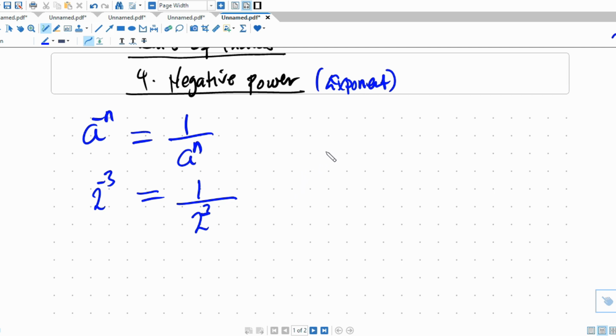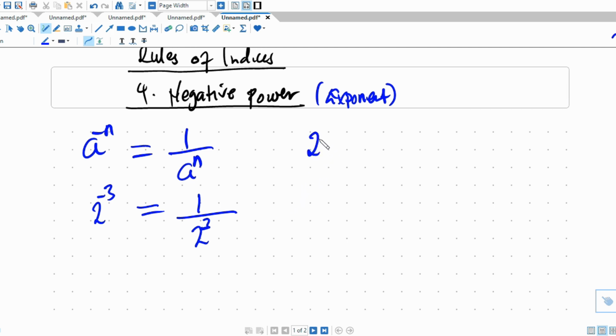Let's take an example of 2 raised to 2 divided by 2 raised to 5. And according to the quotient rule, like I discussed earlier, this is the same as 2 raised to, you subtract the powers, which is 2 subtract 5, right?